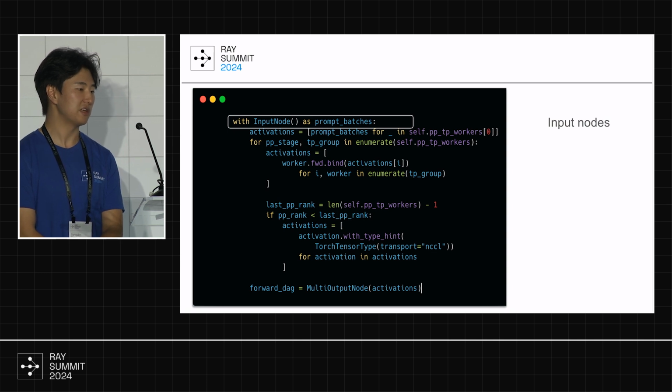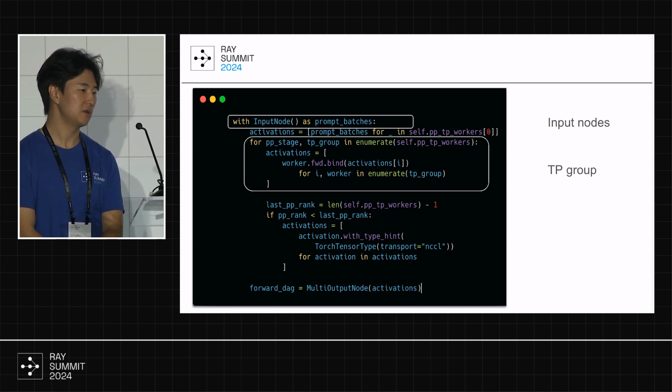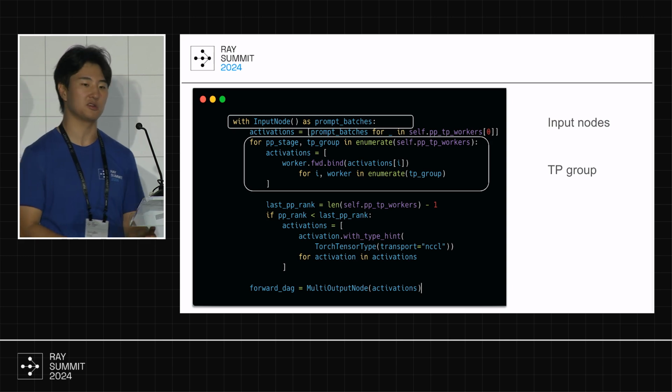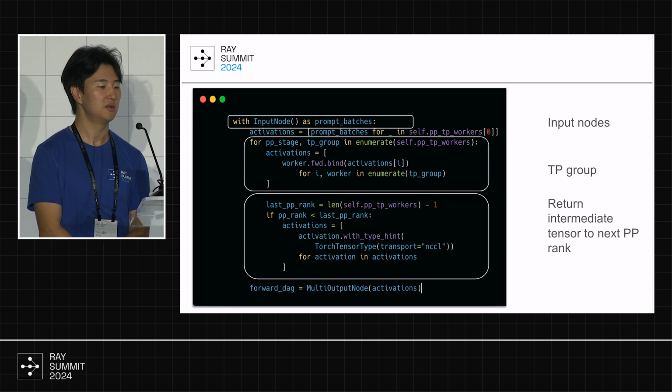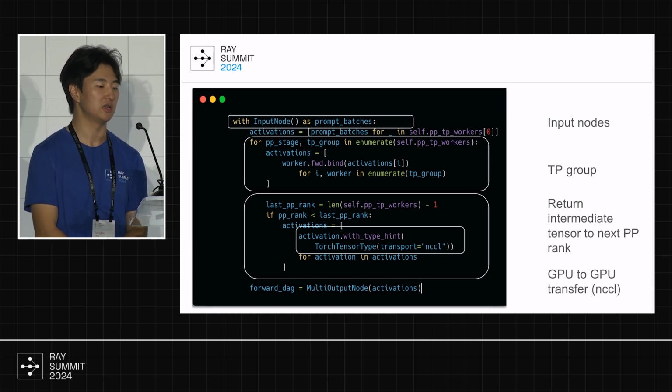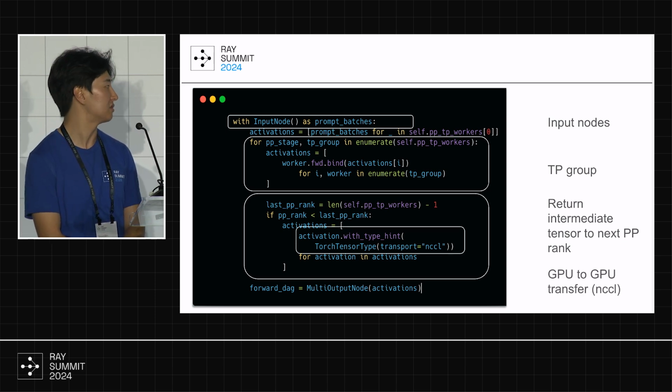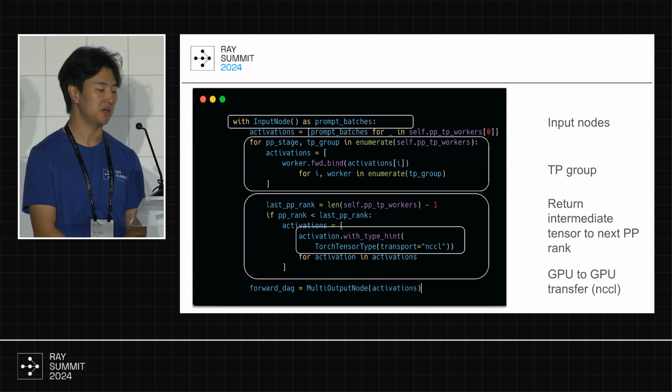You first have an input, which is going to be a batch of prompts. And then for each pipeline parallel stage, you run the tensor parallelism. So you have to run the same code on multiple workers. And then when it's not the last stage, you just send the intermediate activation to the next stage through NCCL. And you can specify how to use NCCL in compiled graph using this API.